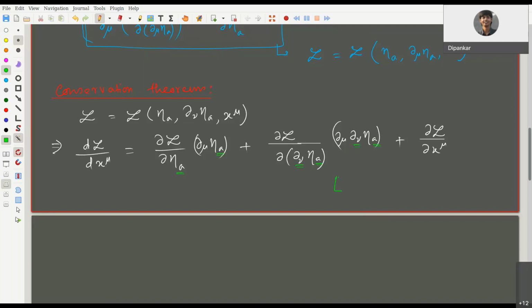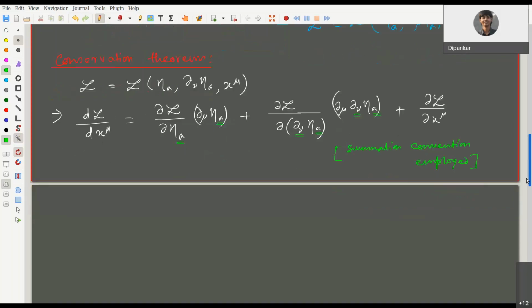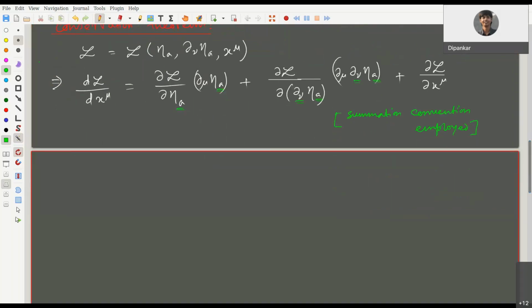Let me write it explicitly: summation convention employed. All right. So again, let us rearrange the terms here. So dL/dx mu, and first of all this term.